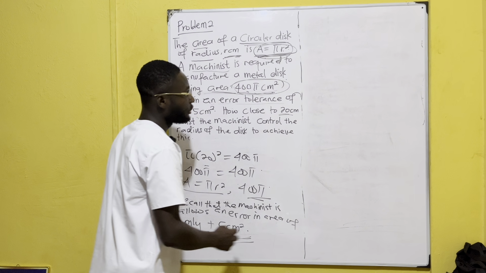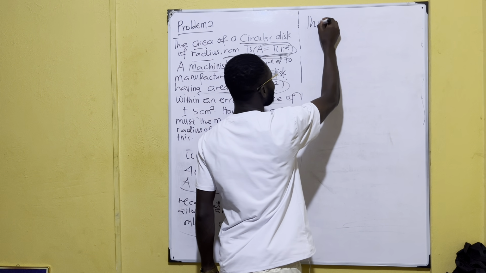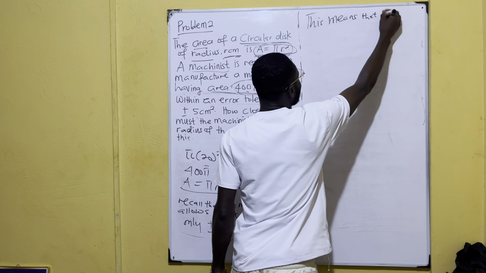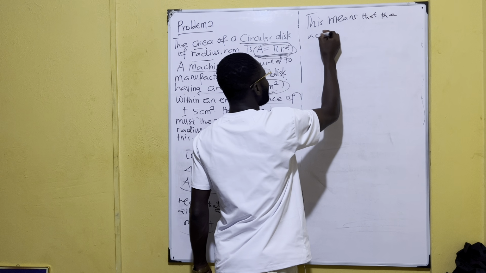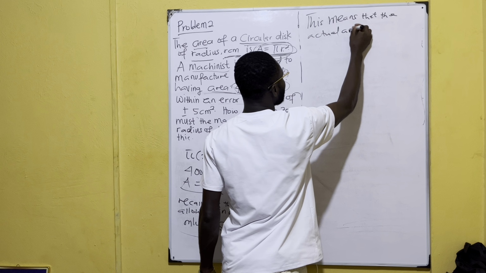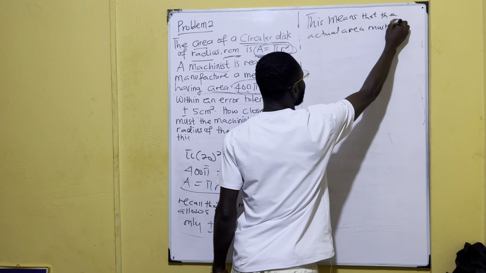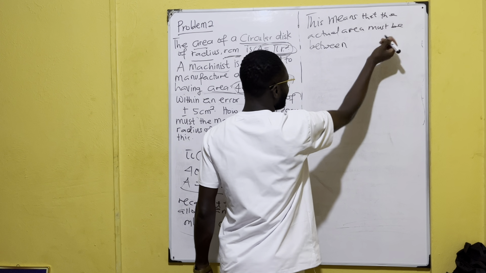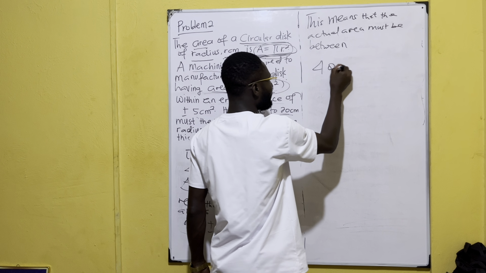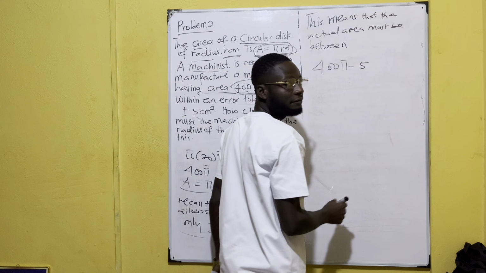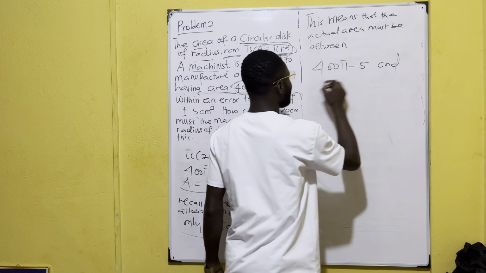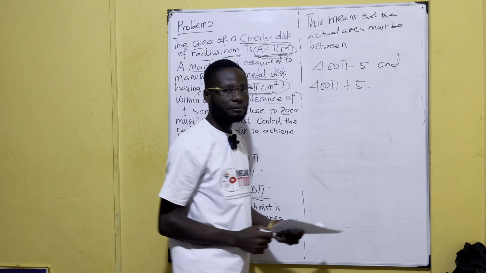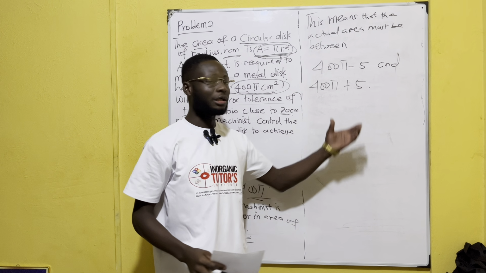So this means that the actual area must be between 400 pi minus 5 and 400 pi plus 5. Okay, so this should be the actual area.